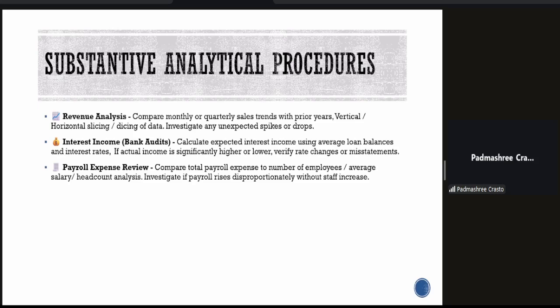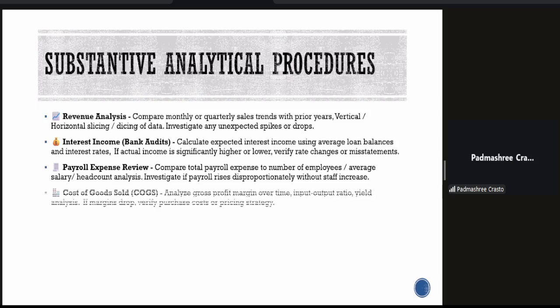Then you can also do a headcount analysis like opening plus joiners minus leavers equals closing, and then grade wise analysis. So there's so much that can be done on payroll within the entity as well as with the market trend, and then you can gain a large amount of comfort from the performance of these analytical procedures.